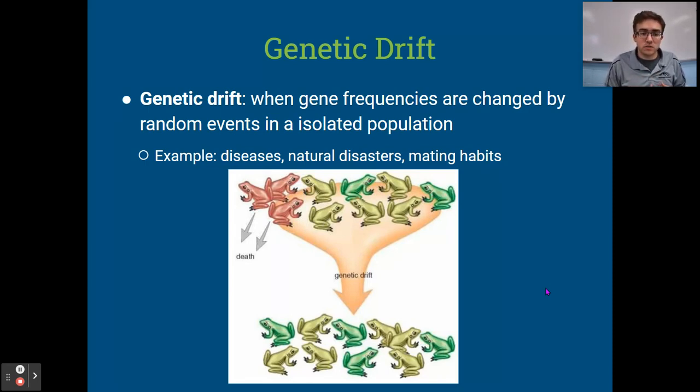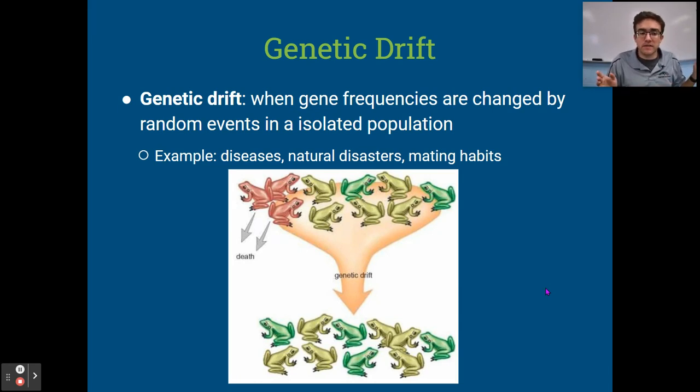So genetic drift is when gene frequencies, the allele frequencies, are changed by random events in populations. So diseases, natural disasters like a flood or a forest fire, right? A flood or a forest fire is not subject to natural selection. It's not selecting for slow or who's camouflaged better.